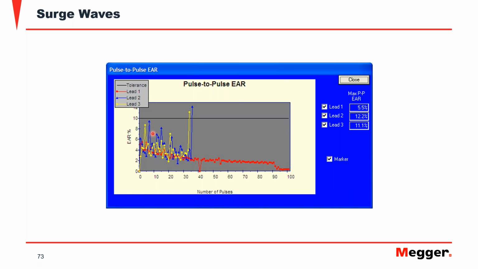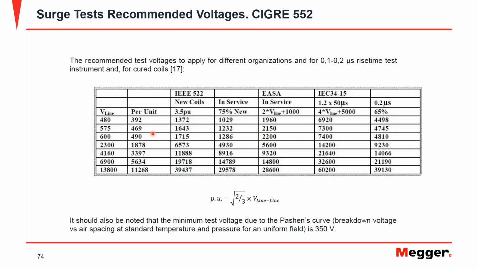Now, when it comes to the voltage that we're supposed to use, we recommend that we use the same voltage, twice plus 1000. But if you do the math and you put the twice plus 1000 here, you'll see that it's actually similar to the voltages recommended by IEEE. It's somewhere in between.